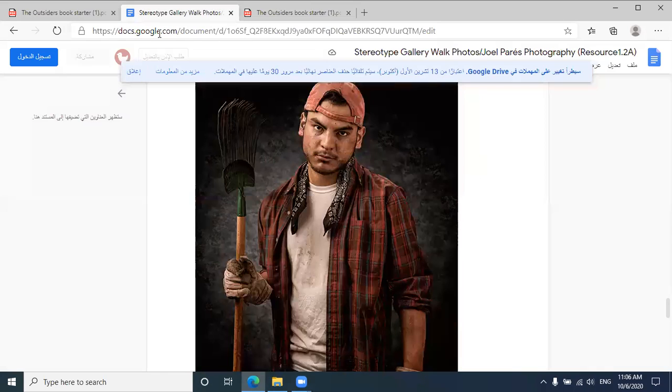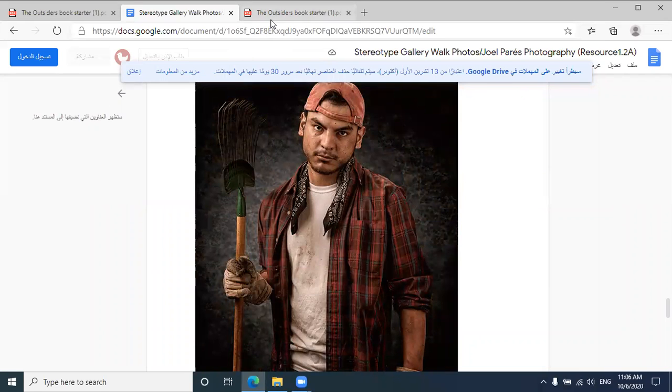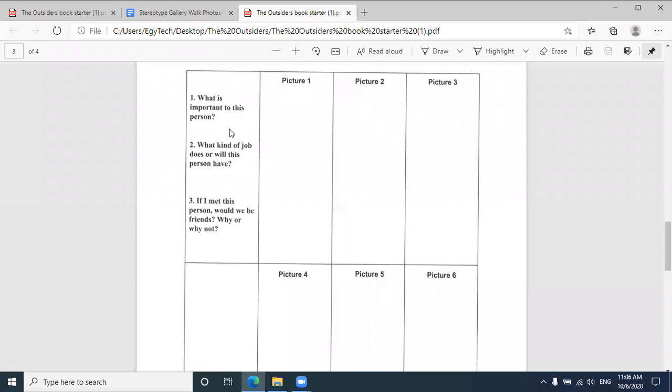After we saw him dressed like this, we saw a different image of him. It's the same person, but different clothing. This person is dressed in a suit, and a lot of you changed your opinions. Now, what is important to this person? You said his success, his career, his education. What kind of job do you think he has?